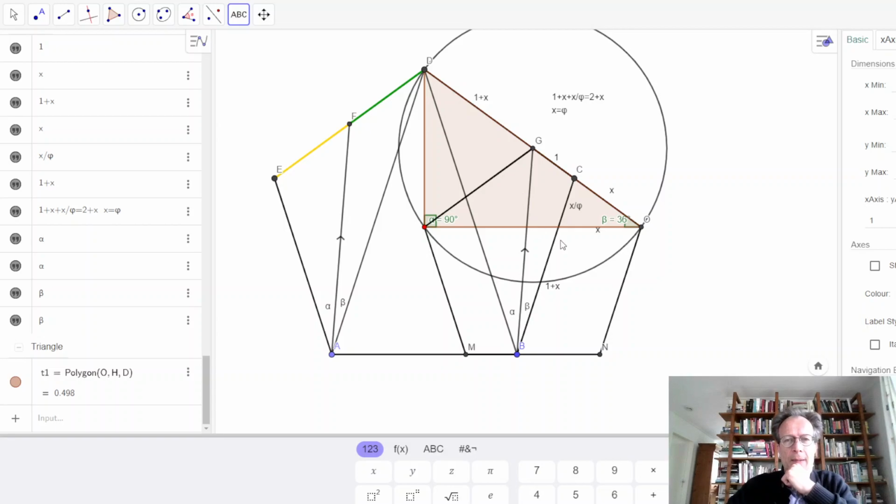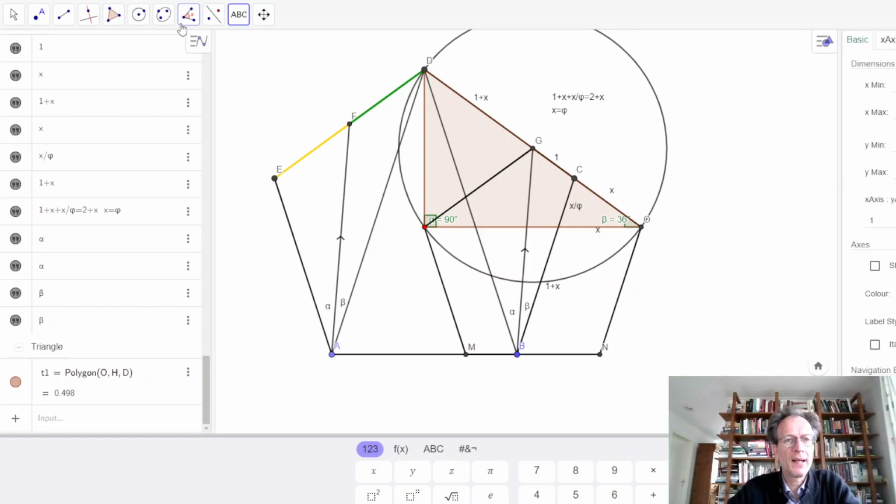Yeah, so now we're going to use the generalized angle bisector theorem, which states that if you want the proportion of those 2, then that can be found by the proportion of the sides times the proportion of the sines of those angles.